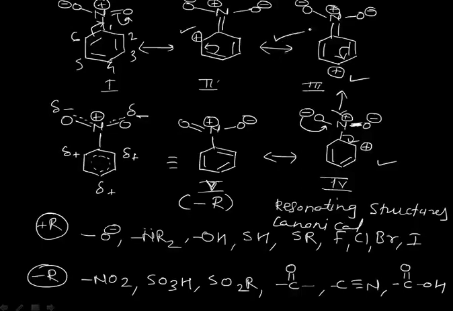This arrow is the resonance arrow, used to separate different canonical structures or different resonance structures. This is one of the important parts of writing a resonating structure, that is writing this double-headed arrow in between two different canonical structures. So this is a resonance arrow. We write it in between two different resonating structures.